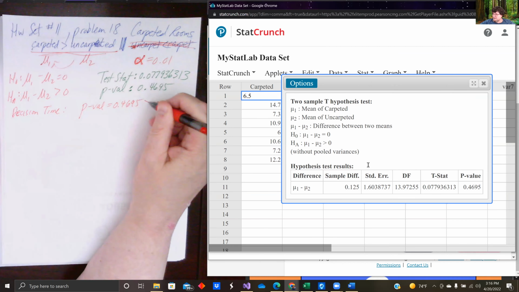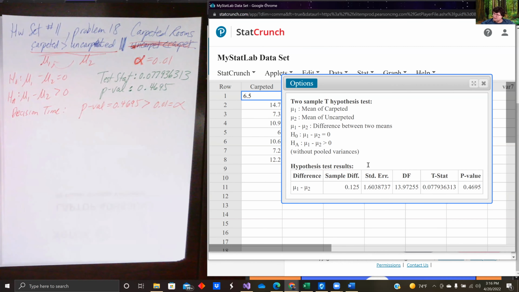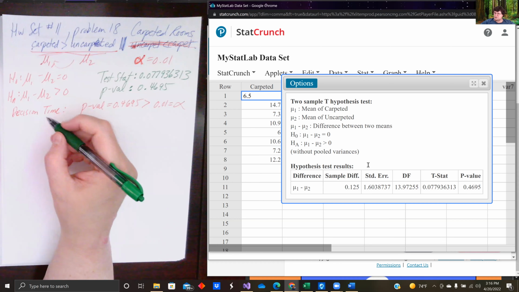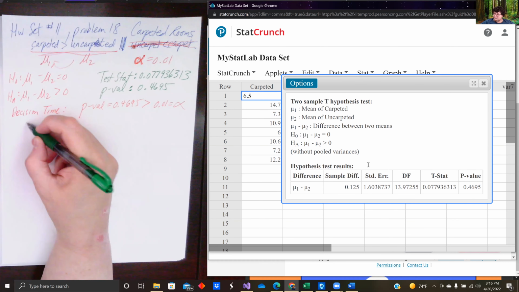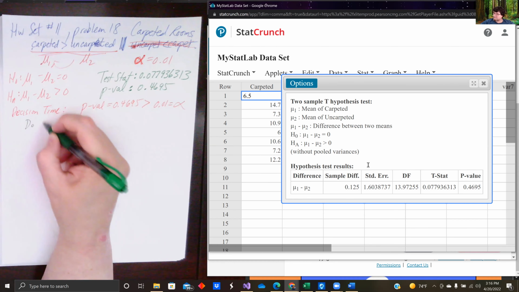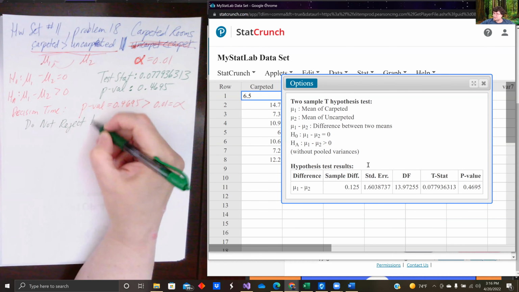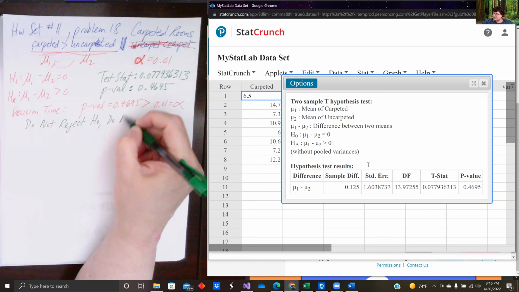P-value is greater than alpha here. The p-value is too high. So when it's too low, we reject. So when it's not too low, we do not reject. We do not reject H naught, and we do not support HA.